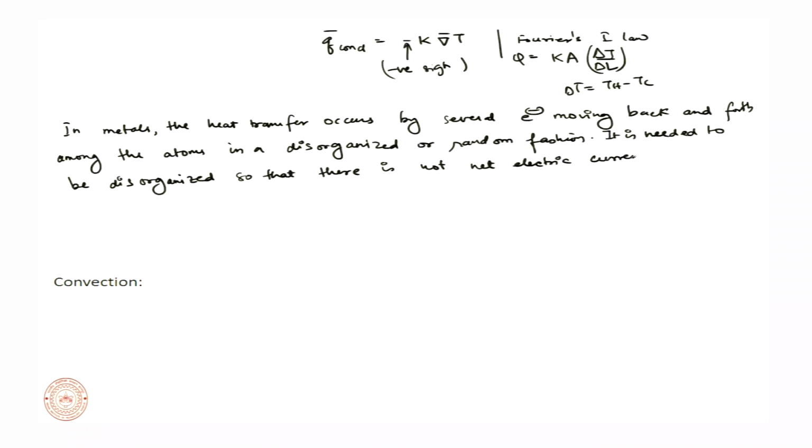So you can realize that in the case of metals which have free electrons, the heating up of the metals from one end to another end, or the heat transfer from a hot end to a cold end, these free electrons would be the major energy transport carriers, right. These will be oscillating and vibrating, and these will collide with each other, and each collision would transfer the heat energy from the higher vibration zone, that is the higher temperature, to the lower vibration zone, that is the lower temperature.